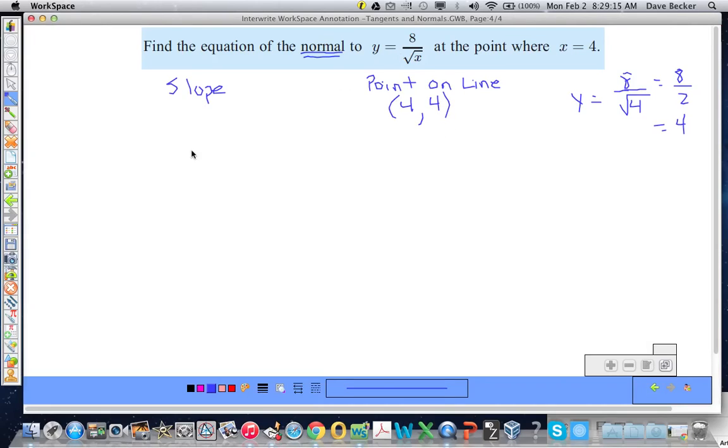Well, in order to get the slope, I need the derivative. So I'm going to rewrite this as 8 over x to the 1/2 power, which is equal to 8x to the negative 1/2, so that I can take the derivative of. So that becomes negative 1/2 times 8x to the negative 1/2 minus 1, and since it's a denominator of 2, I'm going to rewrite that 1 as 2 over 2, just makes it easier.